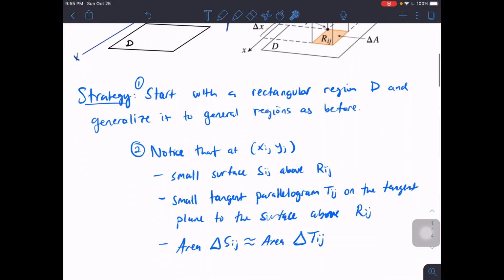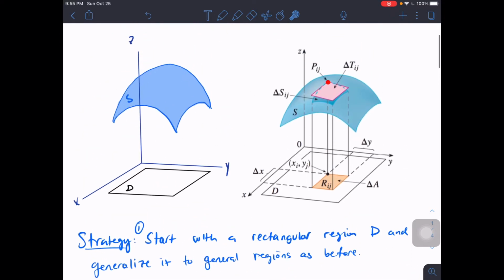Then there is the small tangent parallelogram Tij on the tangent plane to the surface above Rij. So what I'm saying here is that above this point, we have the small parallelogram that's tangent to the surface corresponding to this point. And this small parallelogram has a certain area which we're going to call delta Tij.